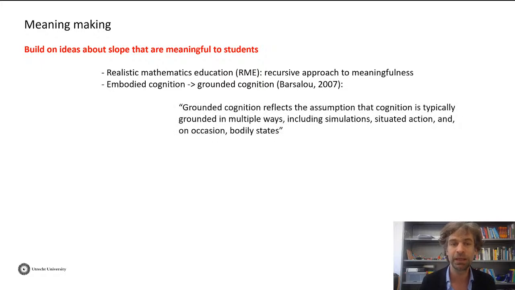And it says the following: Grounded cognition reflects the assumption that cognition is typically grounded in multiple ways, including simulation, situated action, and on occasion, bodily states.